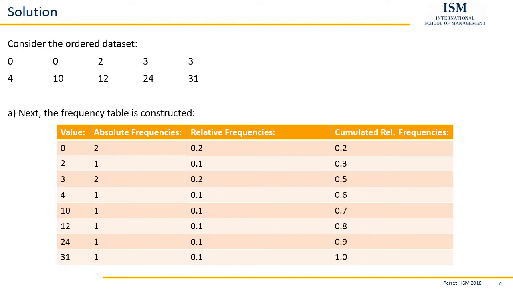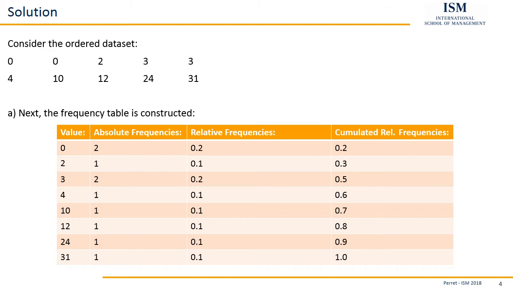To this 0.2, we add the 0.1 in the row for the 2, and we get a result of 0.3. To the 0.3, we add the 0.2 for the row of 3, and get a result for cumulative relative frequencies of 0.5. We do this for all the other entries.